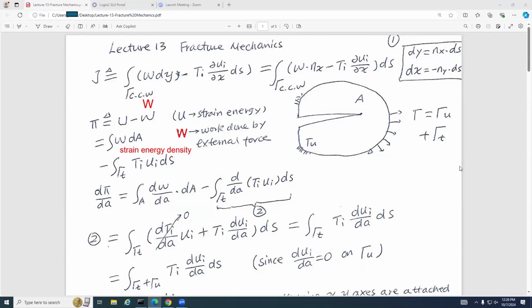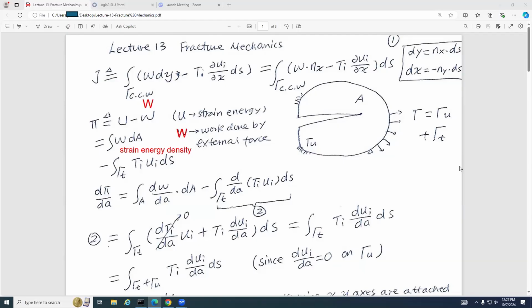As a result, the whole term disappears and we only have the second term here, because this term is related to T. That means for gamma u, everything equals 0.